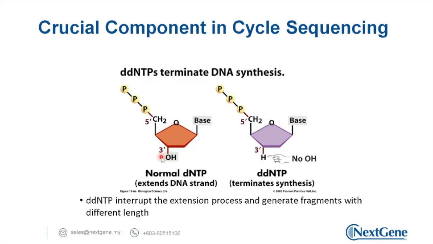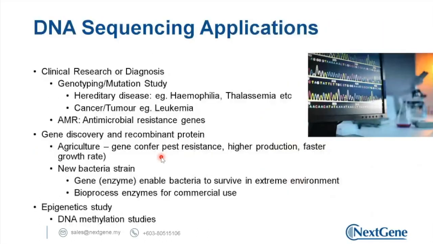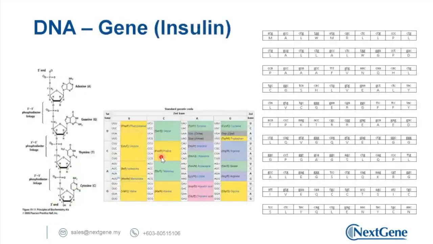If you look at the DNA chain, there is a phosphate group here, and then a phosphate group from the next base is joined with an O. Originally here is the OH. So the OH with the phosphate group will form a chain, and then we form the phosphodiester linkage.